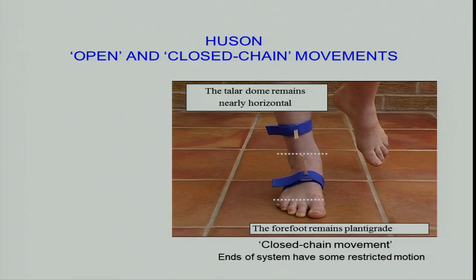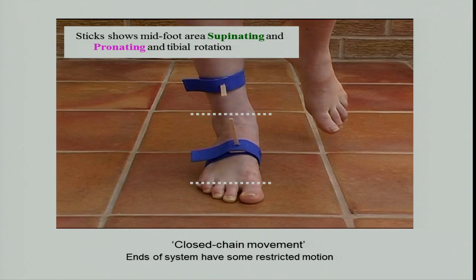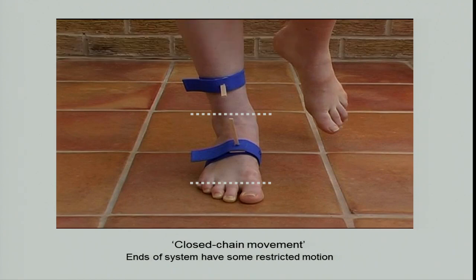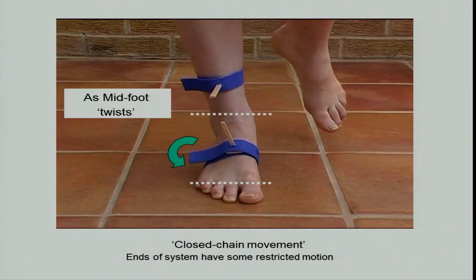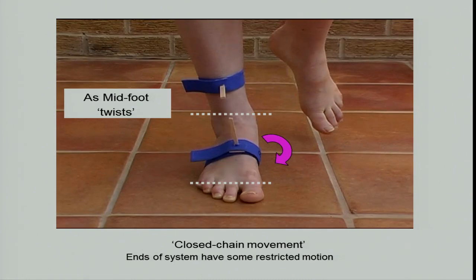The talar dome remains nearly horizontal, the forefoot remains plantigrade, while the midfoot posture alters, it rotates into supination and pronation. Midfoot is twisted into supination and then into pronation.